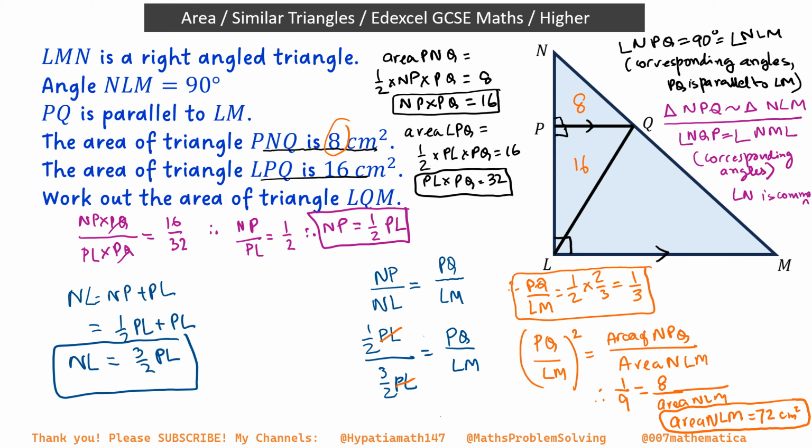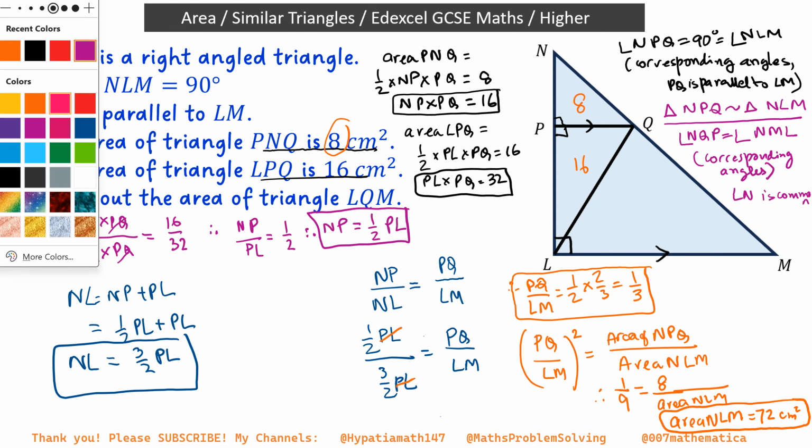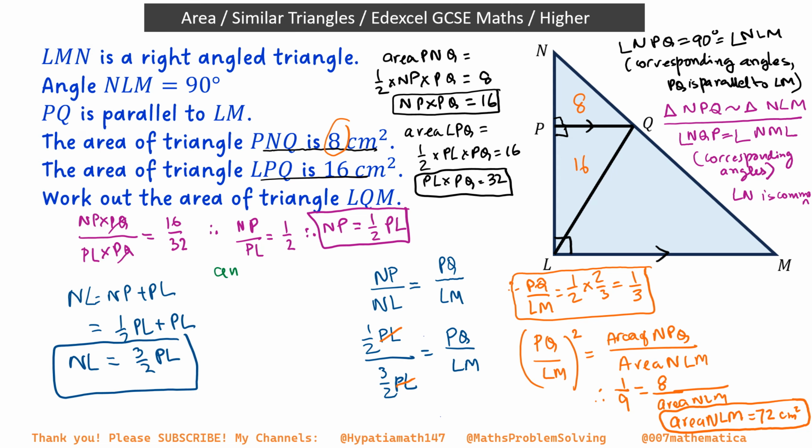Therefore our required answer, the area of triangle LQM, is equal to 72 minus 8 plus 16, that is 72 minus 24, and that is 48.